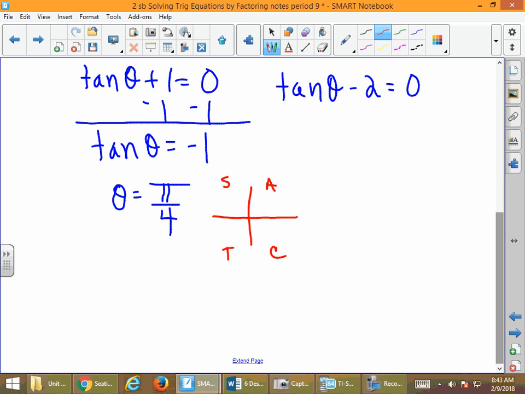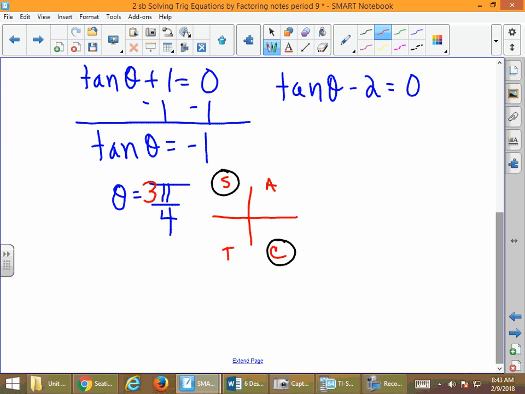So we really want pi over 4 angles where tangent is negative. So we want a pi over 4 angle in the second quadrant because sine is the positive function in the second quadrant. And we want the pi over 4 angle in the fourth quadrant because cosine is positive in the fourth quadrant. So the pi over 4 in the second quadrant is 3 pi over 4.